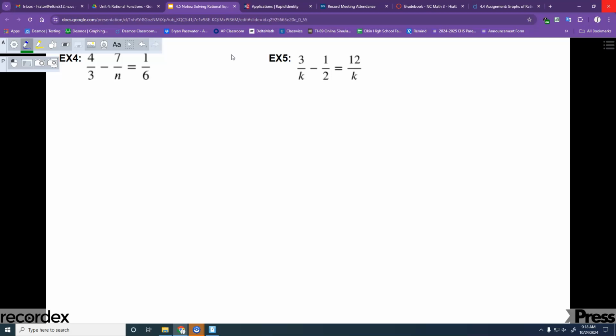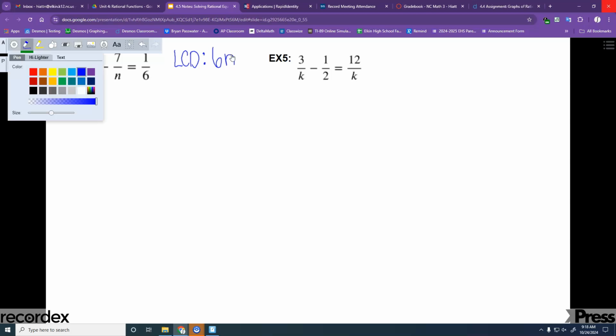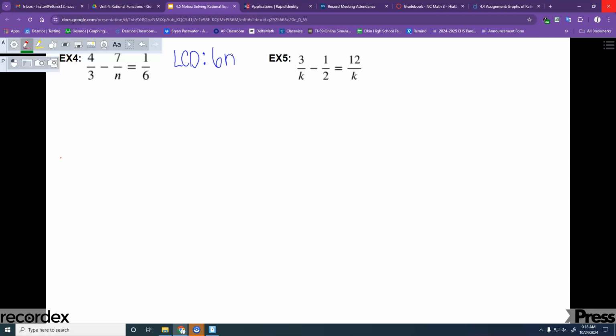All right, so for number 4, if I look at those denominators, I've got a 3, an n, and a 6. What could I use for my least common denominator? 6. And then since there's an n, we also have to have an n. Okay? So to make the denominator 6n, what do I need to multiply that first fraction by? I got a 3.